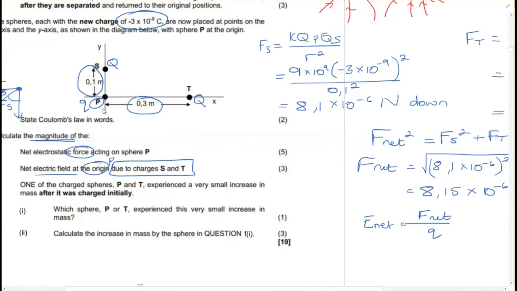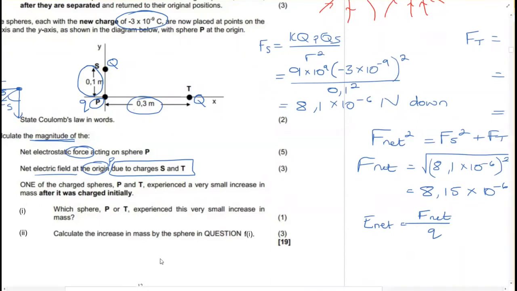We've got two big Qs and one small q because we're looking at the combined fields of S and T, and P is experiencing that combined field. So S and T are responsible for the field, P is experiencing the field. That's why S and T get big Q and P gets small q. Right?